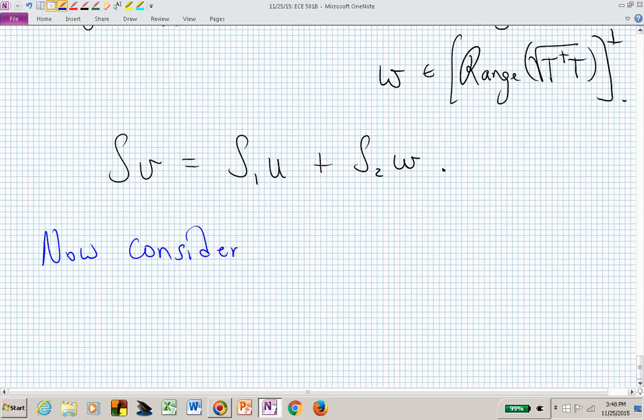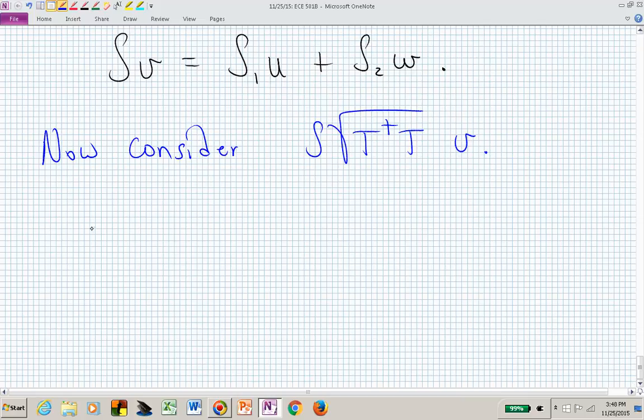So if we now consider S, this factorization of our original linear map T, as S square root of T dagger T v, then we can say, if we have S operating on the square root of T dagger T v, this piece right here lives where?